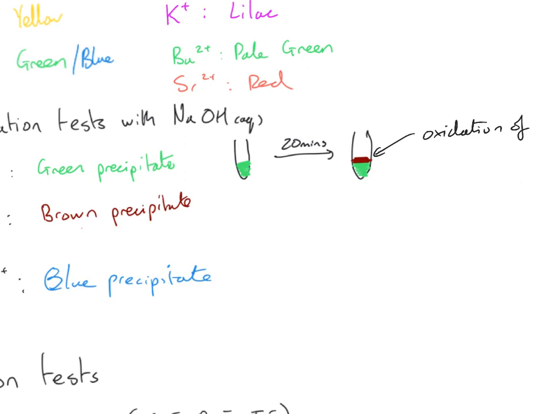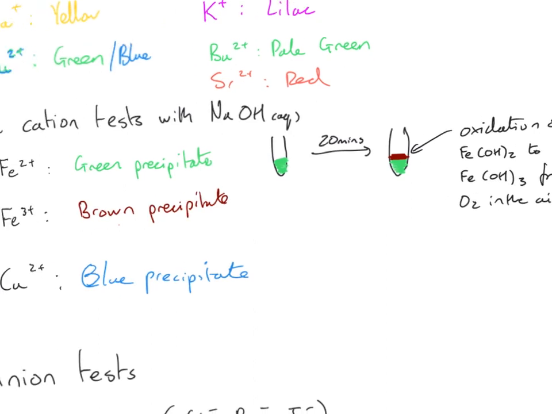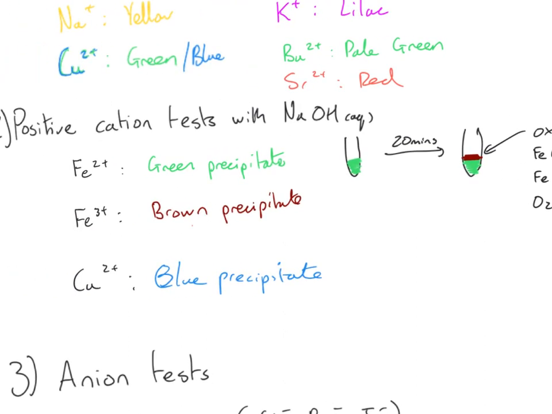of Fe(OH)2 to Fe(OH)3, okay, from O2 in the air. And again, all these precipitates are metal hydroxides.